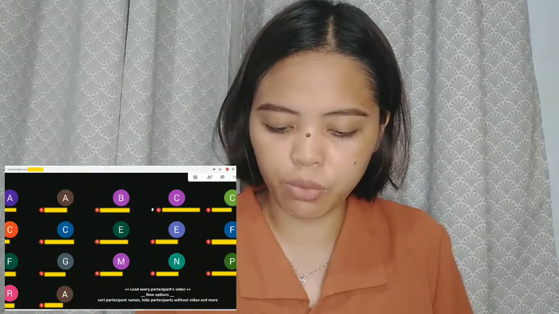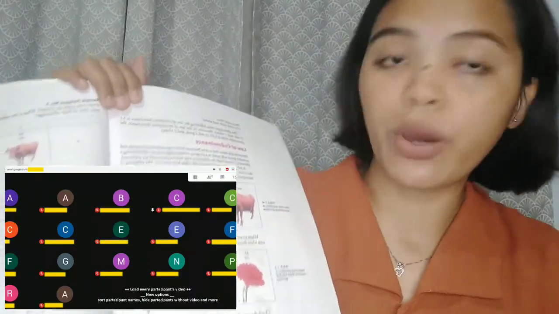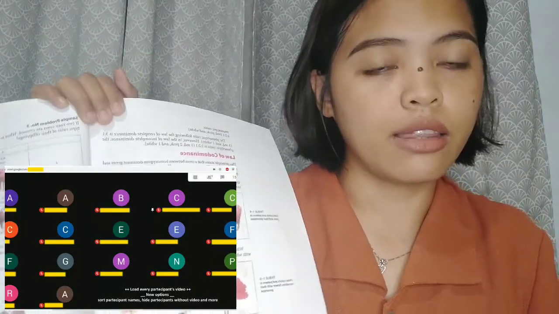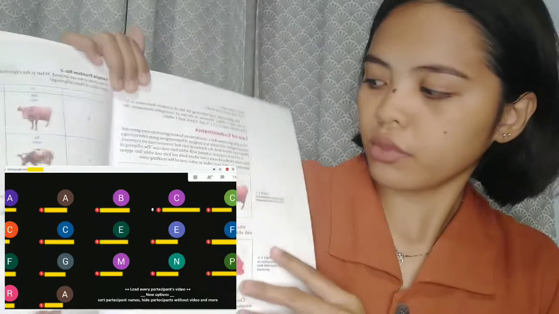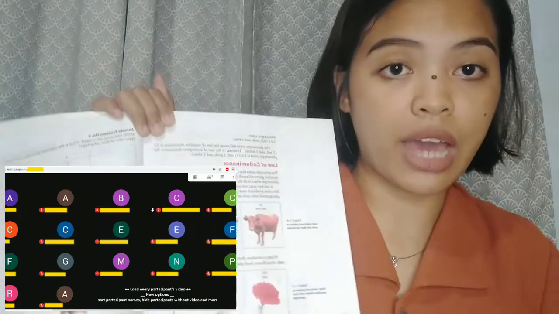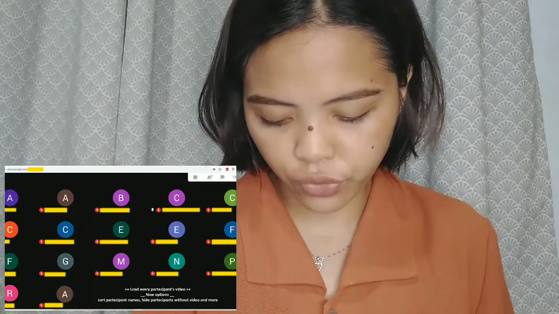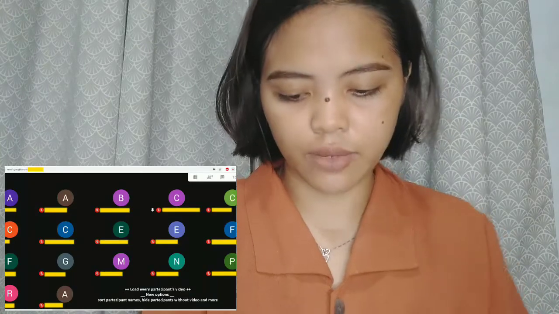So in your book, we have a sample of a cow. A white cow and a red cow is being crossed. So we have the roan. Okay, so refer to your book on page 466.